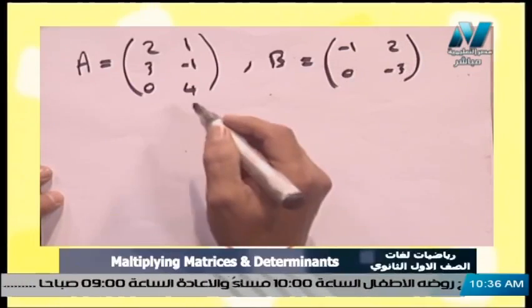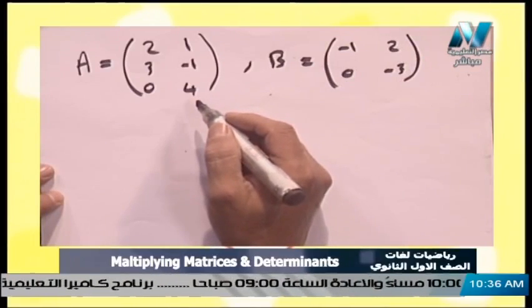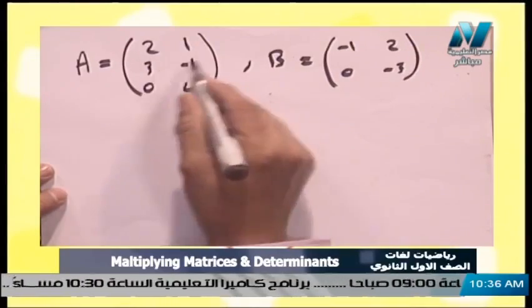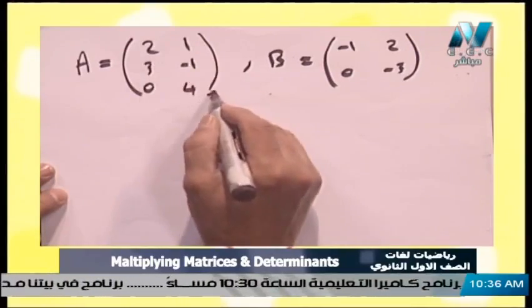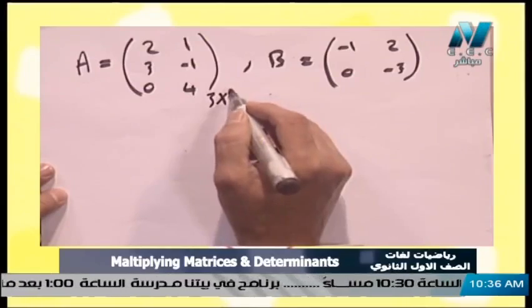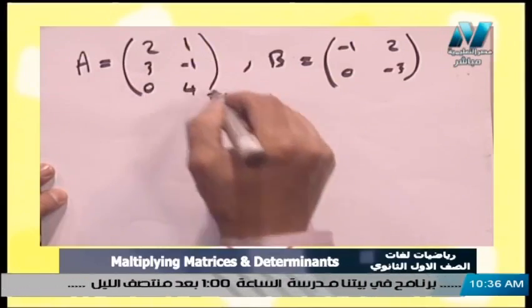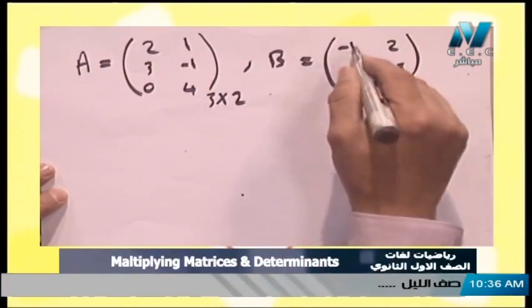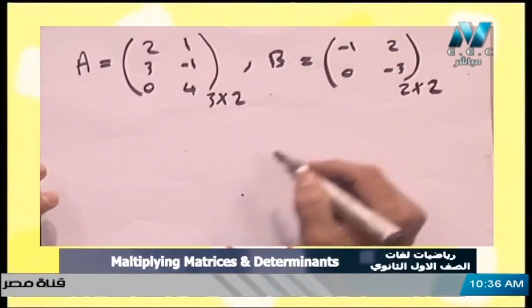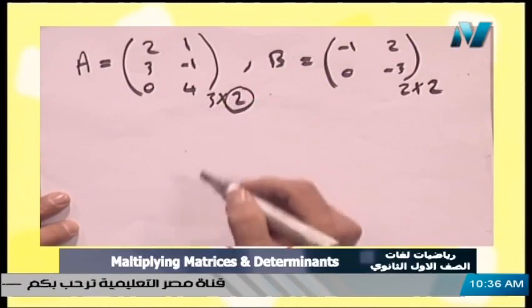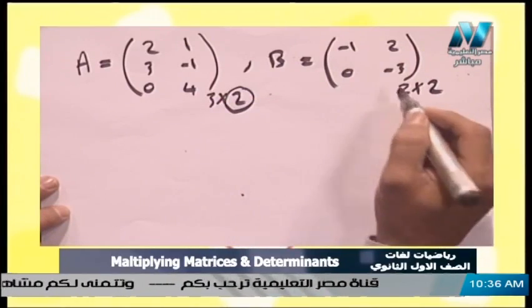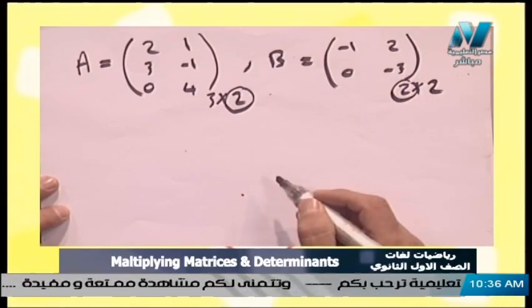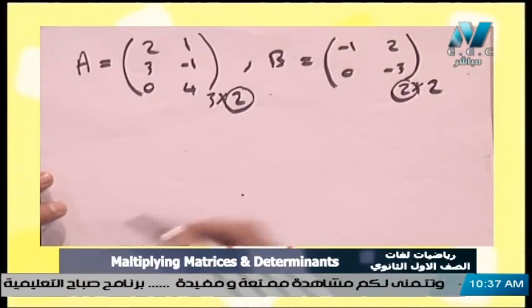Let me ask myself, what's the order of these matrices? A is 3 rows by 2 columns. B is 2 rows by 2 columns, and the number of columns of A equals the number of rows of B, so it's possible to multiply A by B.